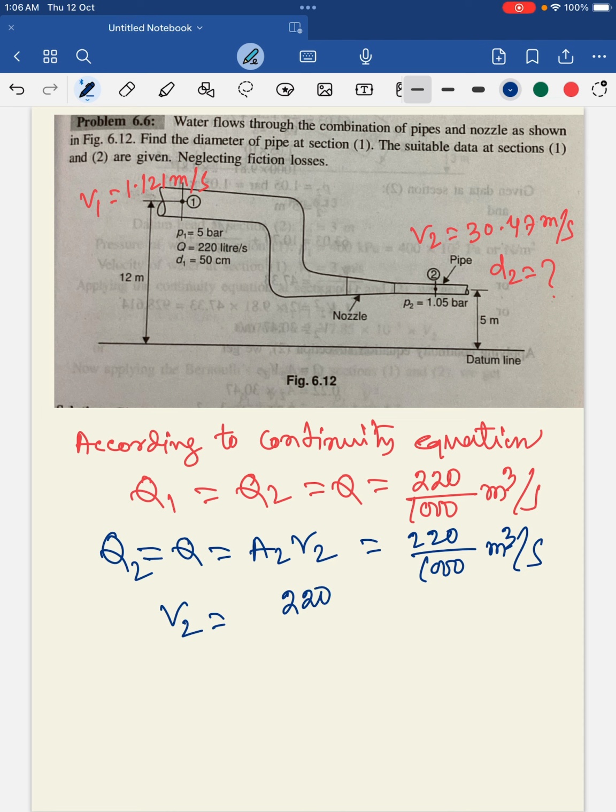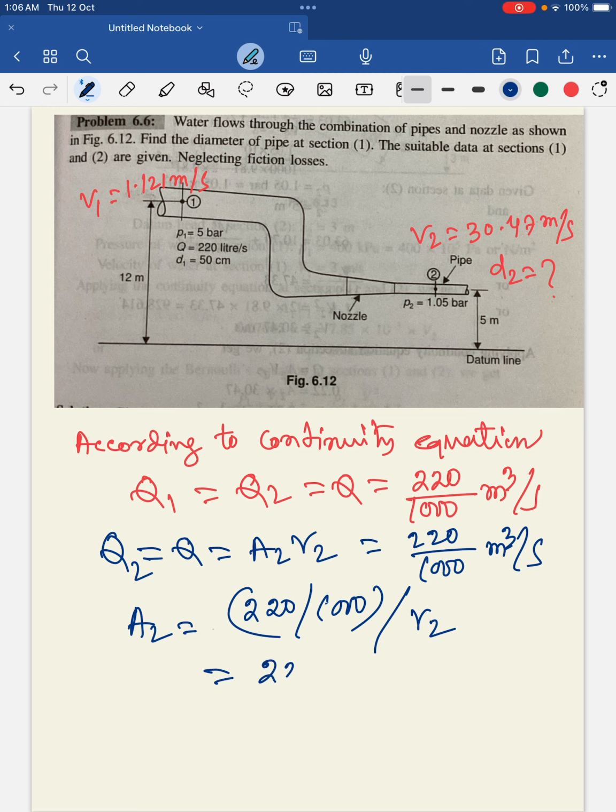V2 is given, so from here we can calculate A2. A2 will be 220 divided by 1000 divided by V2, where V2 is 30.47.